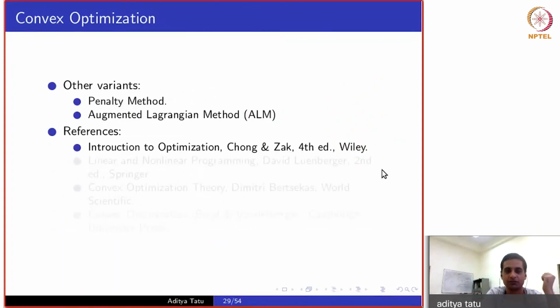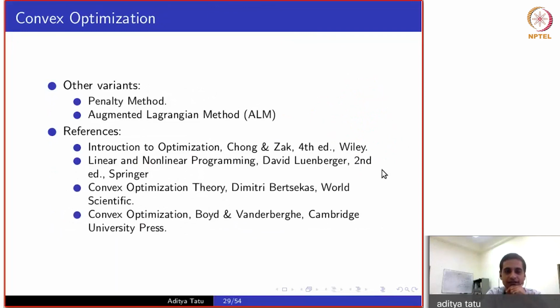But if you are interested, and if I have not tortured you enough, you can look at some of these references. This geometric interpretation of the primal and dual problem that I presented is basically taken from the book Convex Optimization Theory by Bertsekas. Wonderful book, if you like math. It's an out and out math book. For several pages, you may not even see what is the relation with optimization, but later on, it's just magnificent.